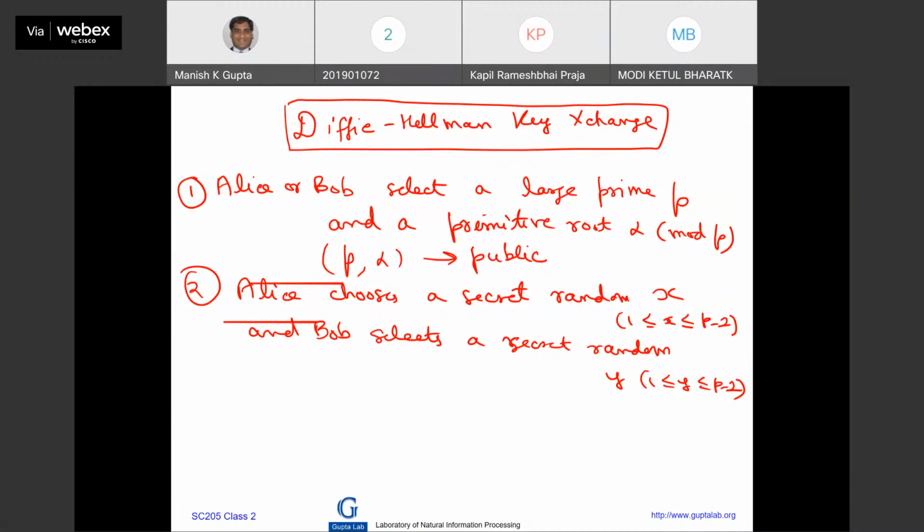Even if somebody has access to that data on the public channel, he or she will not be able to get any information about the secret key, and the reason is that the discrete log problem is a difficult, infeasible problem. That's why you have to choose a large prime, more than 200 digits, and then you can make sure it is a secure system. Let me show you the next step.